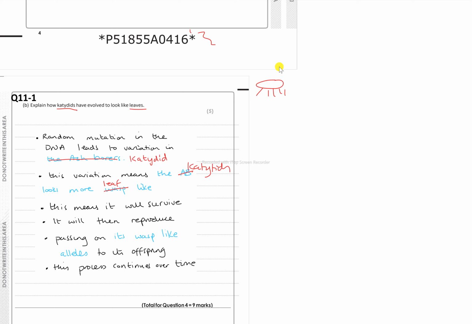Can you see it's the same thing? What happens then? This means it will survive. It will then reproduce, passing on its leaf-like alleles to its offspring. This process continues on over time.